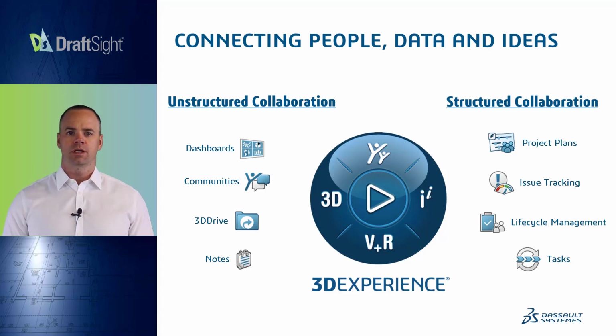And then we look at structured collaboration, where we use formalized systems, which is something as simple as Excel or a full-scale project development and management application to track all of the different tasks, all of the different milestones associated with a project from start to finish.